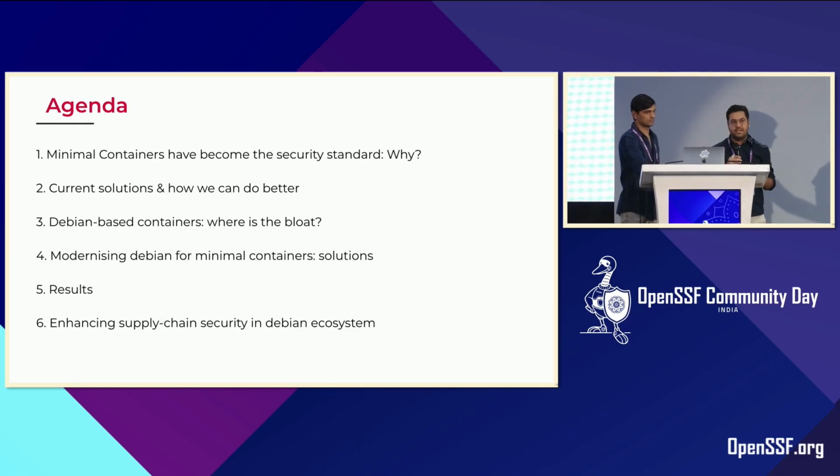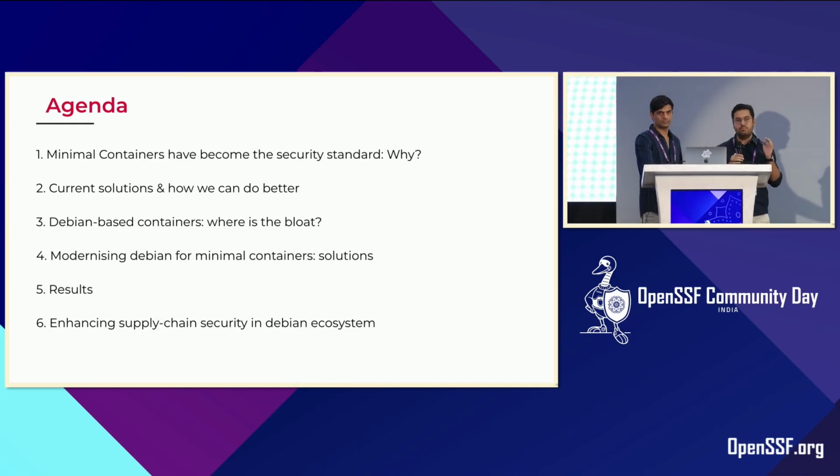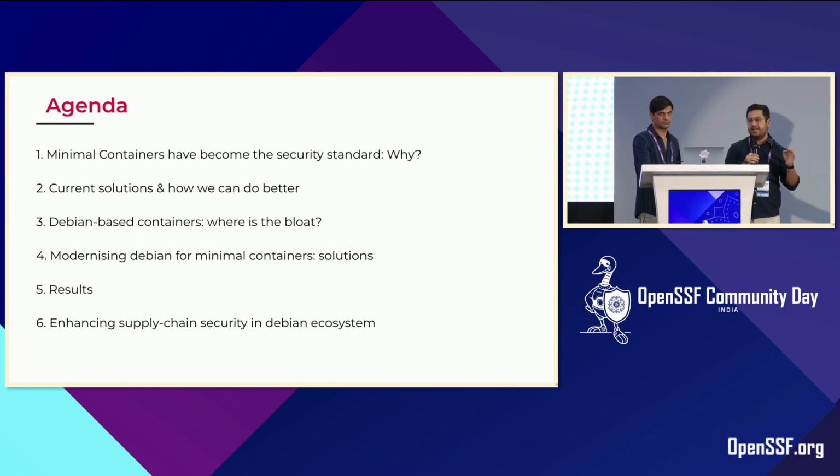But today's talk is about secure or minimal base container images and why they have become the security standard. The current solutions that are out there in the open source community, basically, can you find minimal containers on Docker Hub? And then we talk about our own approach to reshaping or rethinking Debian from the ground up, and looking at how we can create secure base container images on top of that.